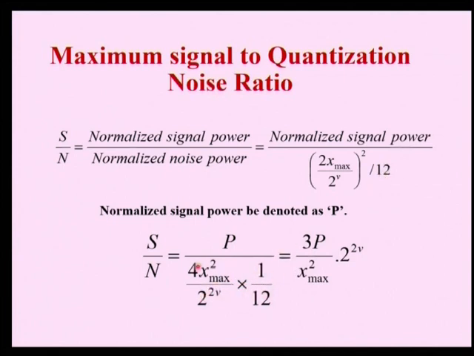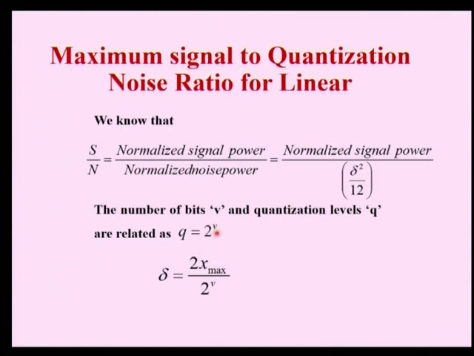After simplification, if you cancel this, it becomes 3, and if you bring this denominator to the numerator, the simplified equation will be 3 P by x square max into 2 power 2v. And what is v? v is the number of bits.